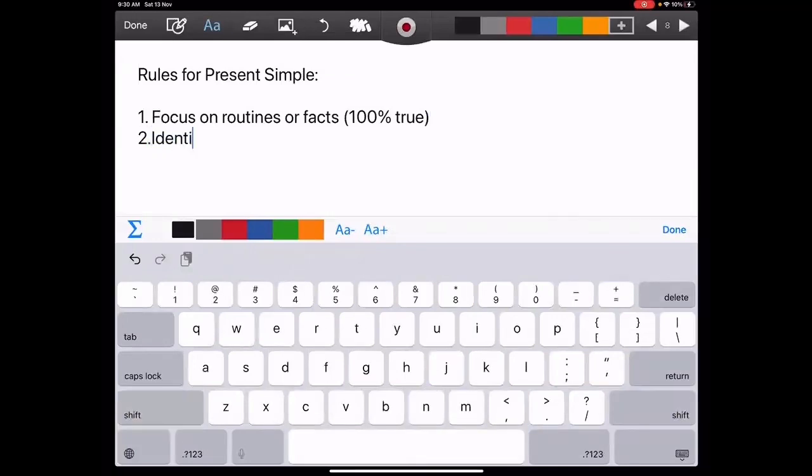Second rule, identify the subject, especially the singular subjects, he, she, or it, because the verb will have a transformation. In positive sentence, the verb plus s, and in negative and interrogative forms, the auxiliary with s. Thus. Okay. Now, number 3.